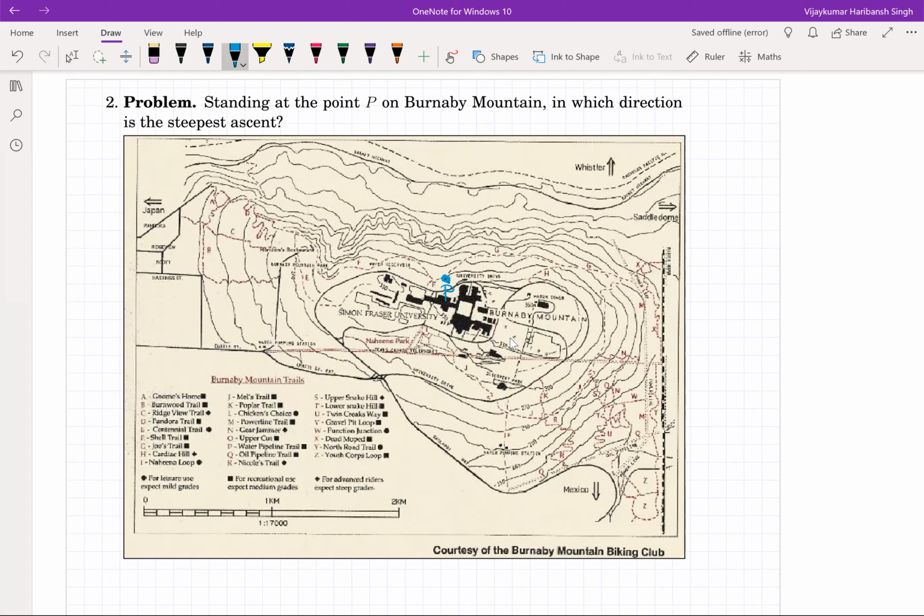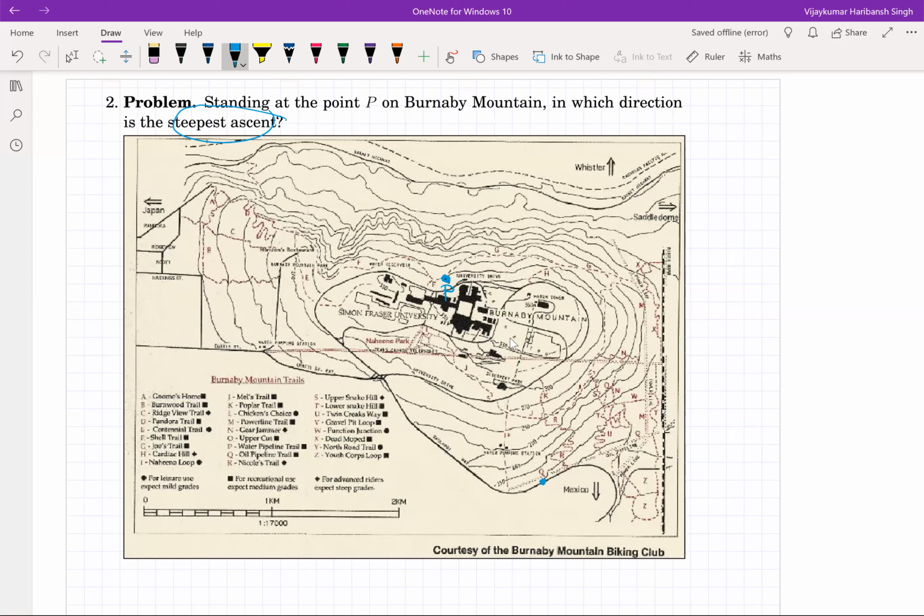Or I should say, because my P is here, in which direction is the descent steepest? If I'm coming from down here, which direction should I go up to have the steepest ascent?